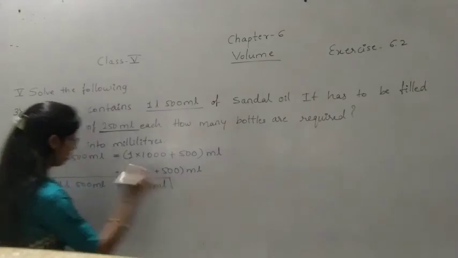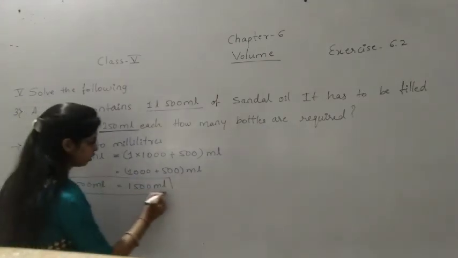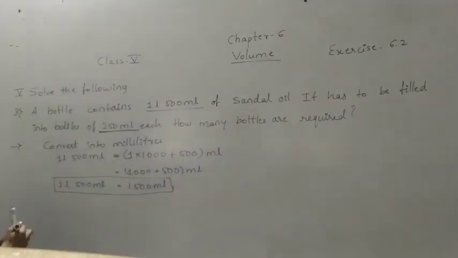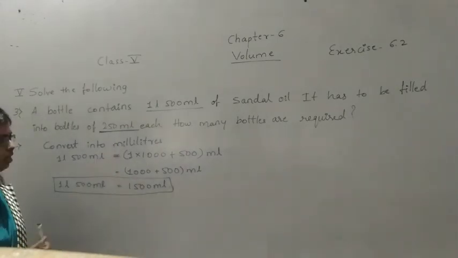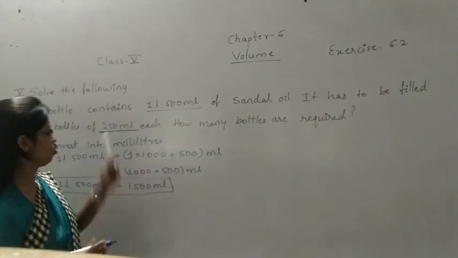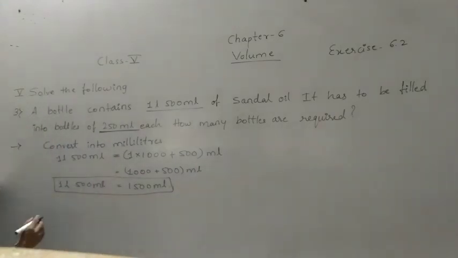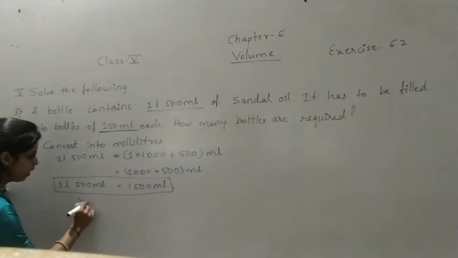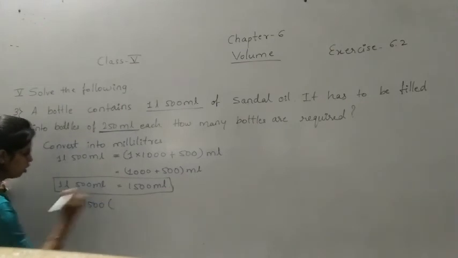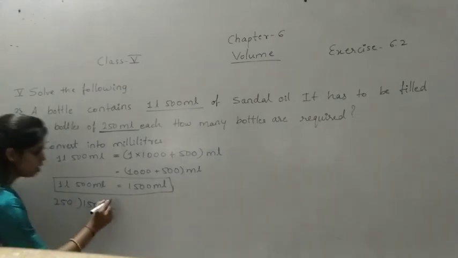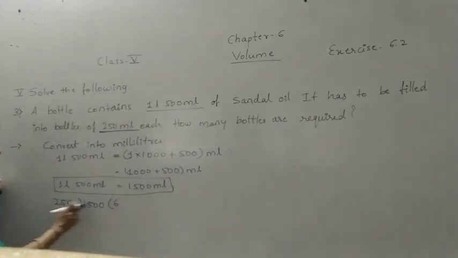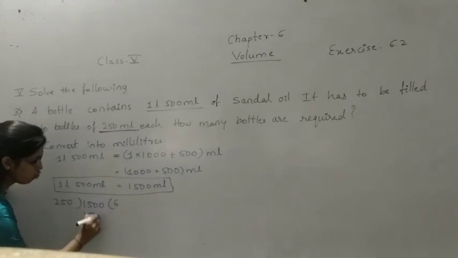See now, this one is also in milliliter and this one is also in milliliter. Now divide these two. After that we will get how many bottles we need. This is 1500 divided by 250. We should divide this one. That is 6. 250 6s are 1500. So the answer is 6 bottles.